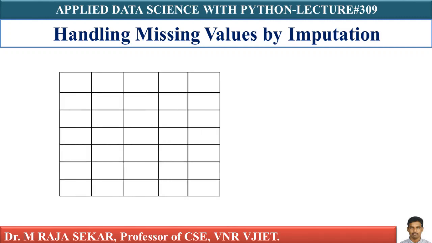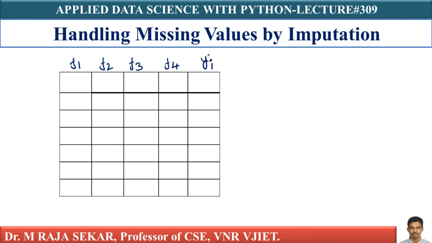Let's assume I have four features. Let me say this is feature 1, this is feature 2, this is feature 3, this is feature 4. Imagine I have a dataset like this, and this is my yi.